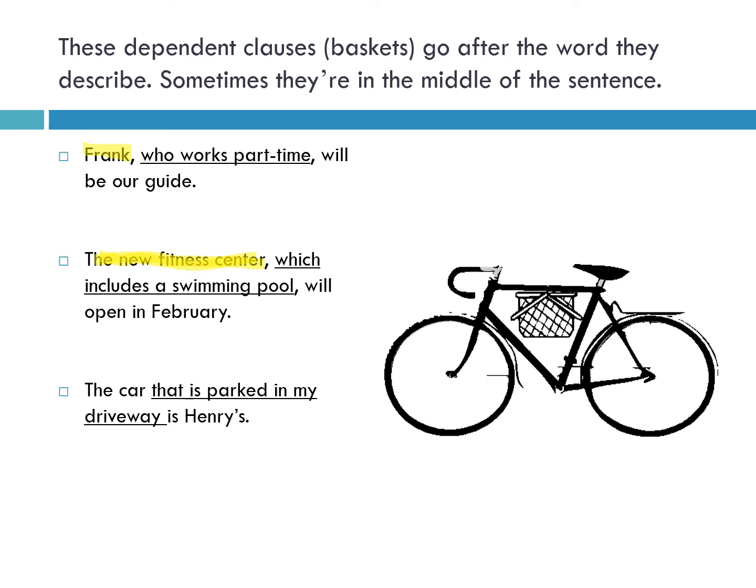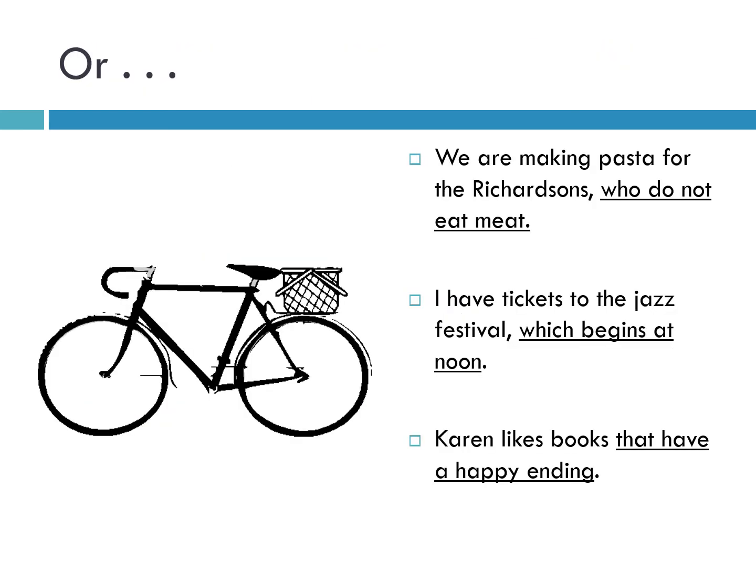And that is parked in my driveway is describing the car. Or they will sometimes come at the end of the sentence. You will notice that there are commas here and not here, and that is because with the word that, we never use commas.